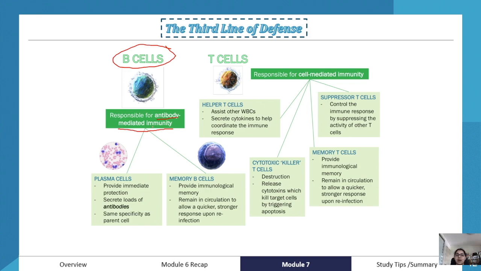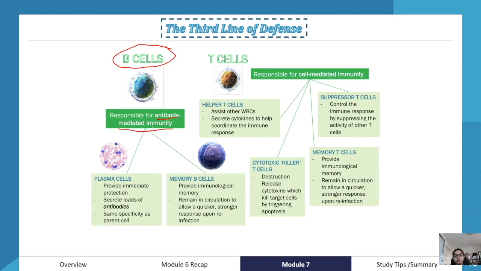And so the next time, if you get that same pathogen, if it comes back, these are the cells that are going to go, oh, I already have the antibody for it, let me go deal with it. Which is why that secondary exposure to a pathogen is faster, because we already have the antibodies ready to go. So that's that. They also remain, like I said, in circulation to allow for a quicker and stronger response upon reinfection. So that's the B cells.